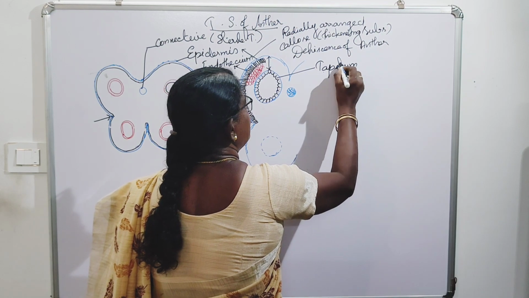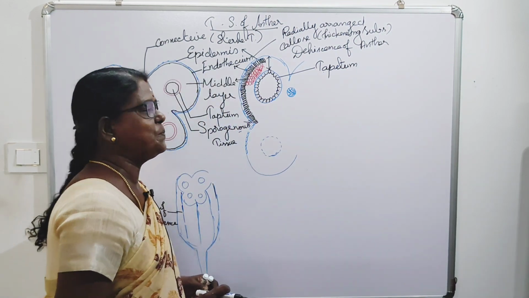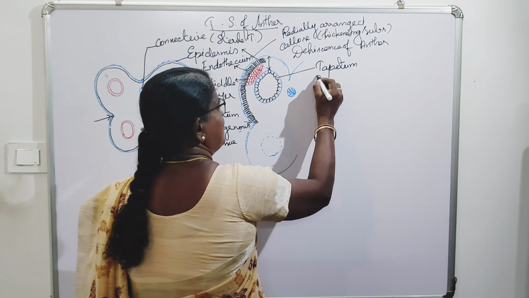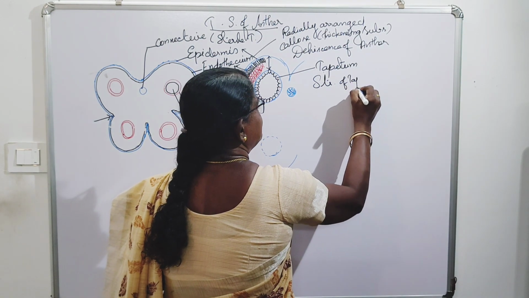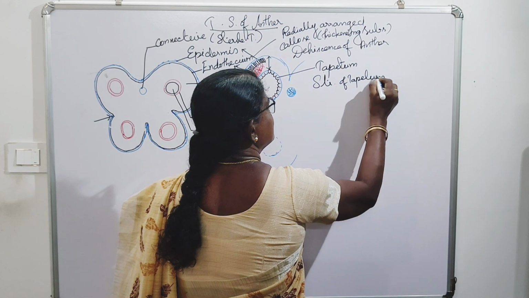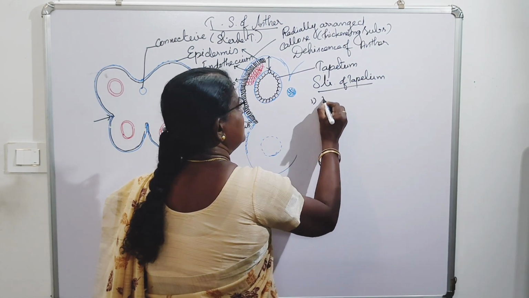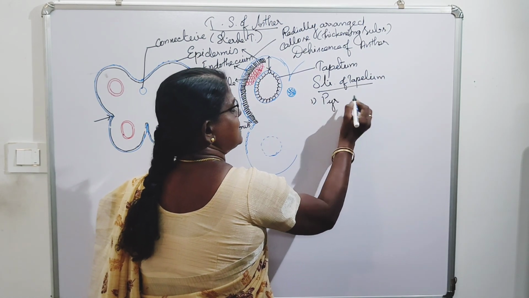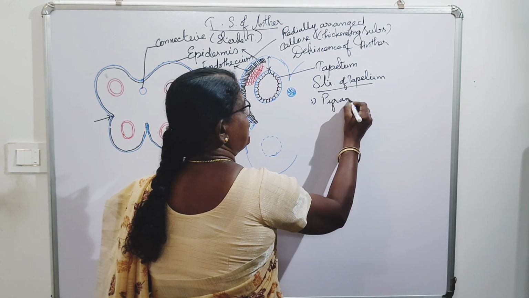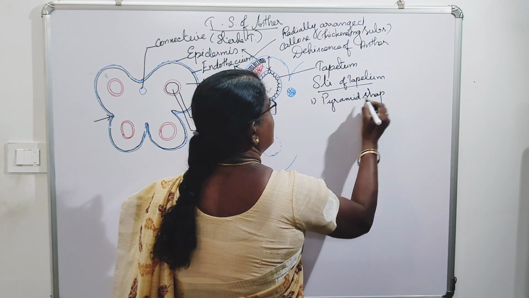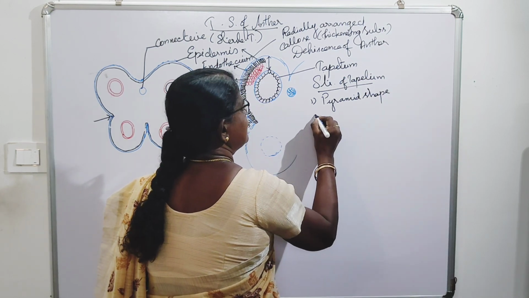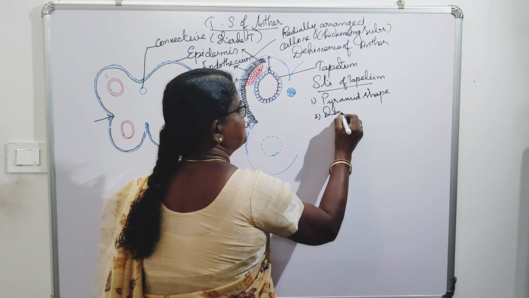Structure of tapetum, if you see, the cells are pyramid shaped. They have dense cytoplasm.